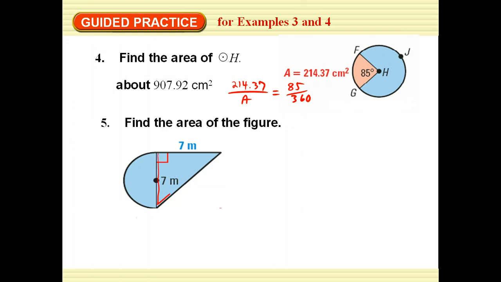Now this area is made up of a couple of things. First, we have a triangle. So I'm going to have to find the area of that triangle, and then we've got a semicircle. Looks like it comes out to about 43.74. Now how did we get that? The triangle plus the semicircle.